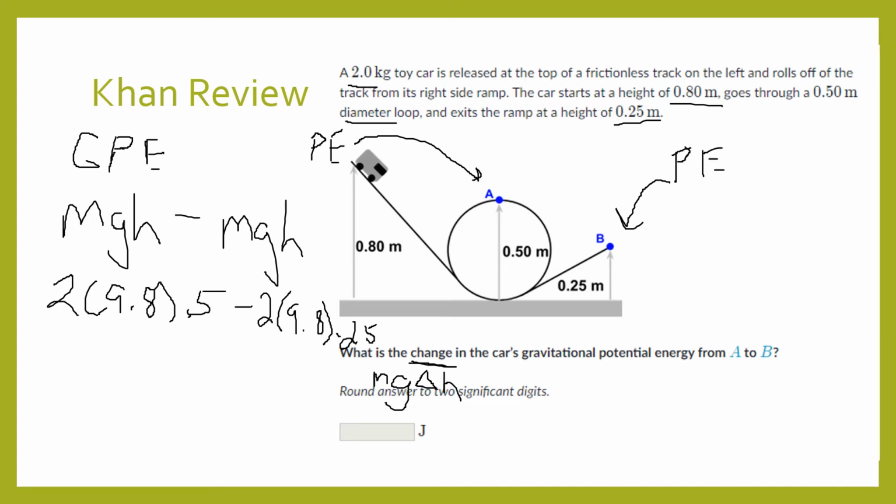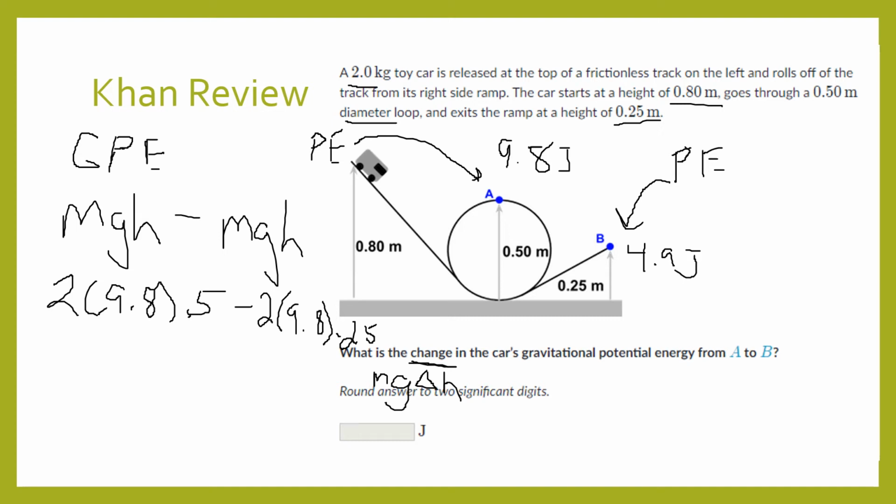So if I type that in my calculator, okay, I'm going to get 4.9. Oh, well, okay. So point A had a PE of 9.8. Point B had a PE of 4.9.